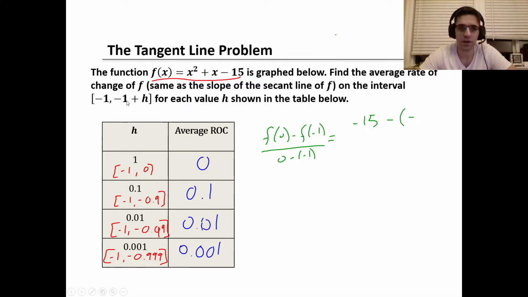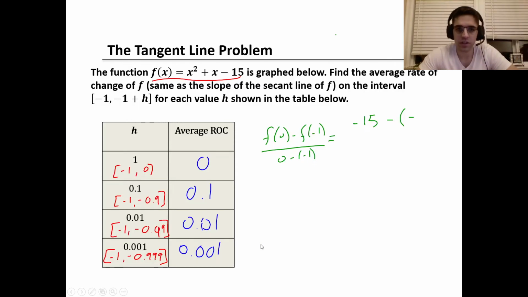So if we want to find our interval from -1 to -1 plus h, if h is 1, our interval is -1 to 0. If h is 0.1, our interval is from -1 to -0.9. If h is 0.01, our interval is -1 to -0.99. And for the last h value, our interval is -1 to -0.999.